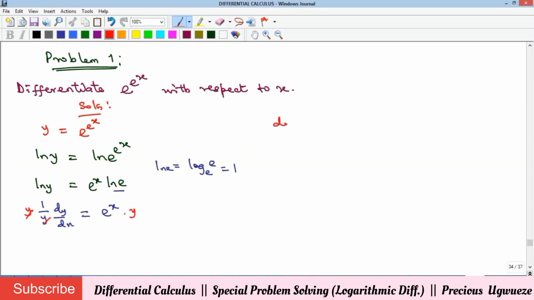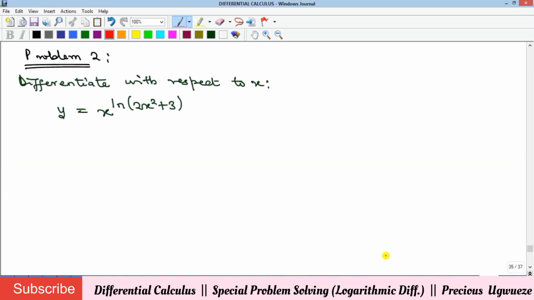Therefore, our dy dx will now be equal to y e raised to power x. And what is our y? Our y is e raised to power x. So you are now multiplying it with e raised to power x, and that's going to give you, by indices, the power here is going to add up. So you have e raised to power x plus x, and that is our solution for problem 1.